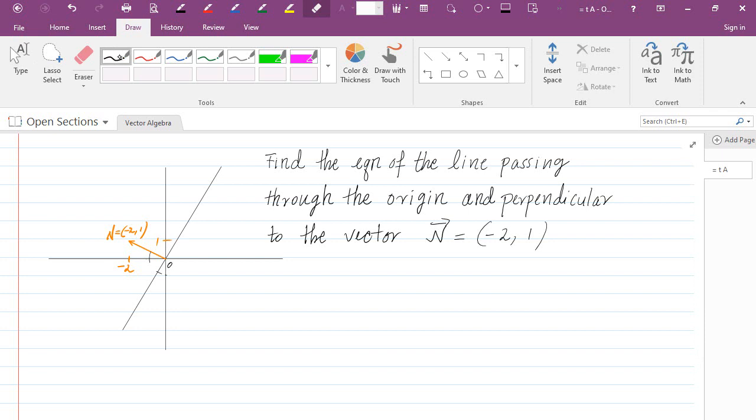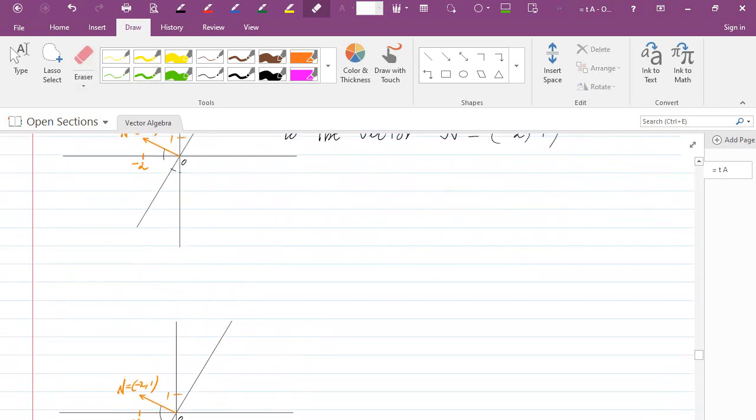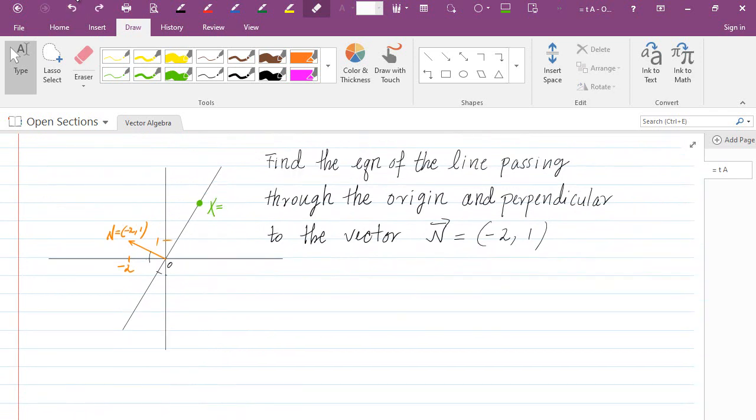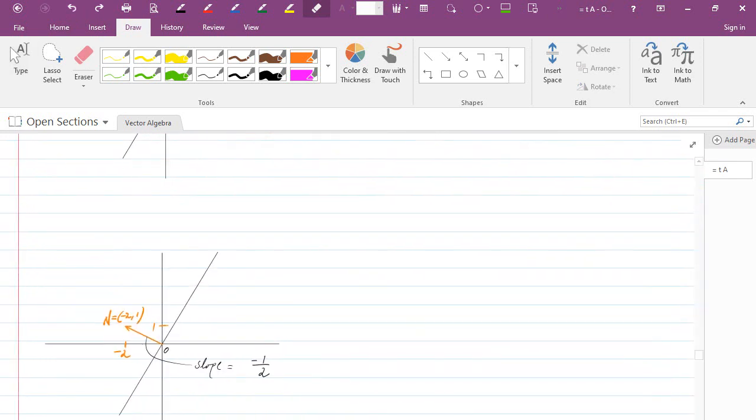The question is, what do we mean by the equation of a line? Well, we mean an equation that will be satisfied by any arbitrary point on the line. So let's pick an arbitrary point on the line and call it capital X. So how do we find it?